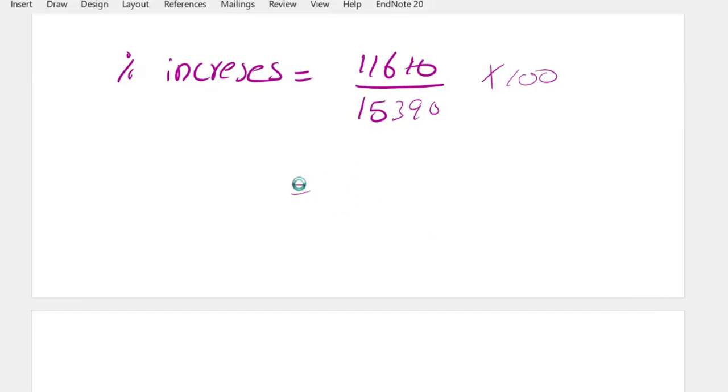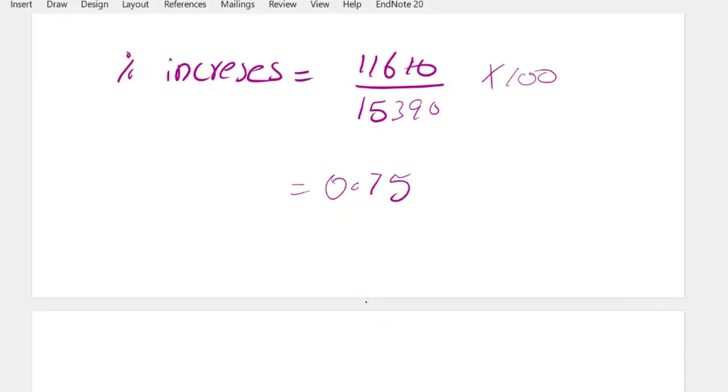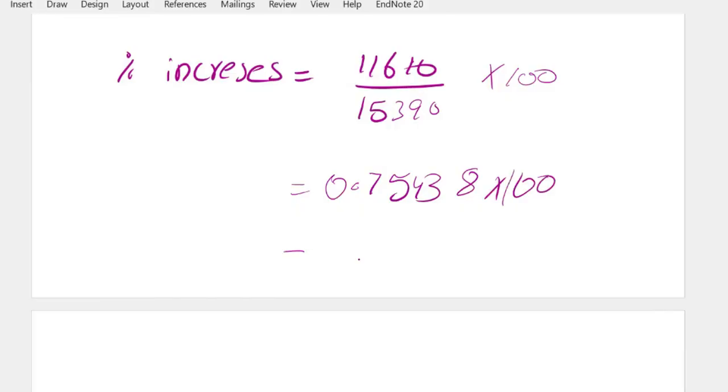When you do the division, you get 0.754, and then multiplying by 100, the answer is 75.438%.